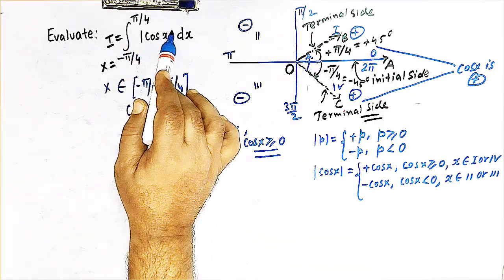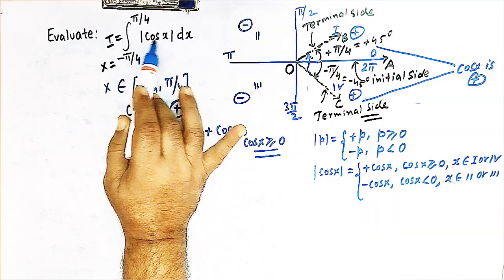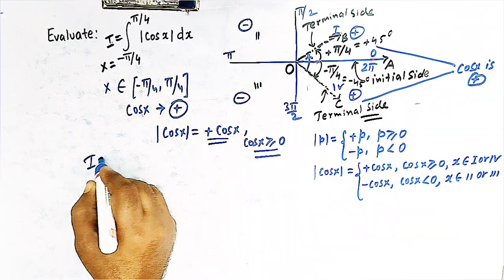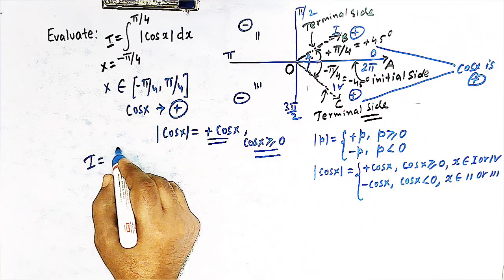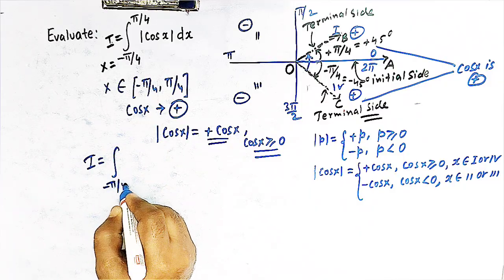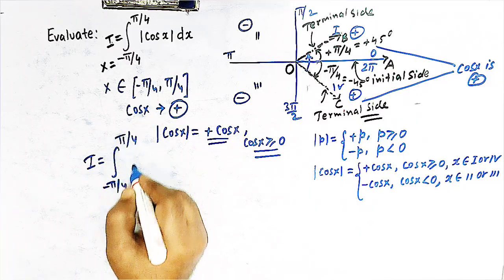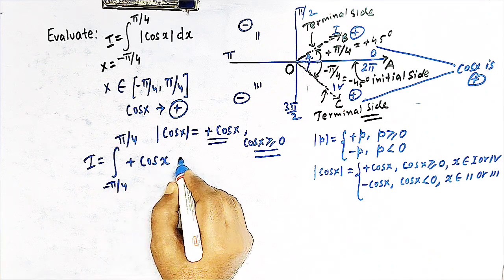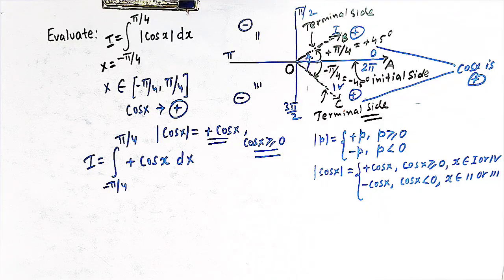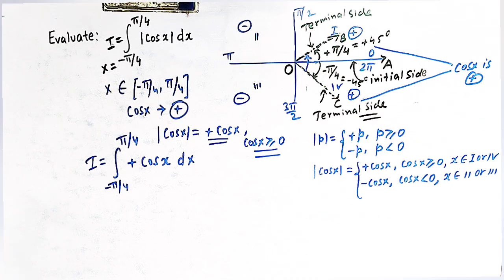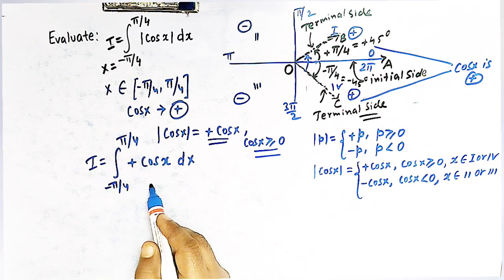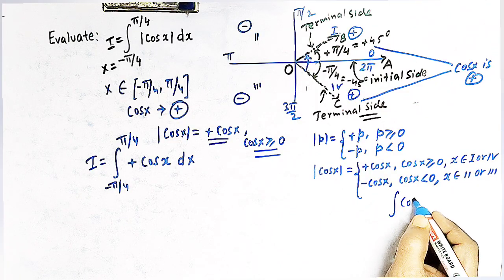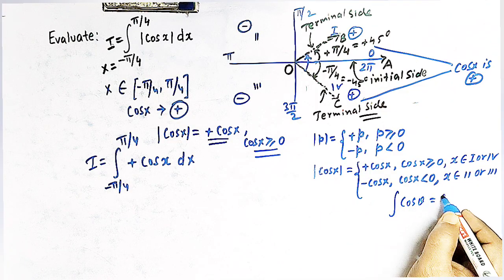So now for mod cosine x, we can write positive cosine x, and we have the integral I as the integral from minus pi by 4 to pi by 4 of positive cosine x dx.